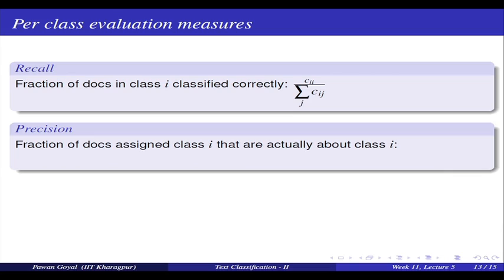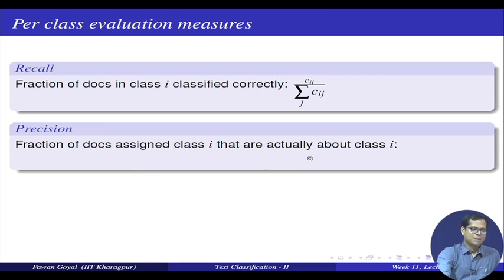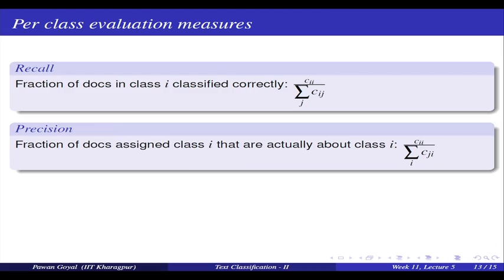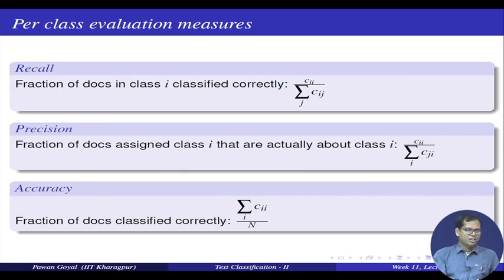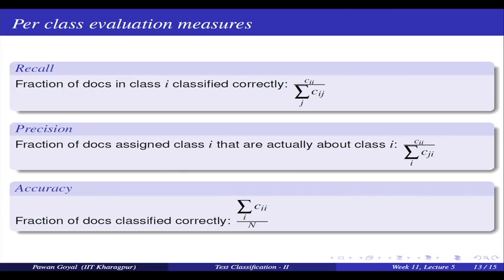And precision is the fraction of documents assigned to class i that are actually about class i. So this will be again C_ii divided by, now you add the whole column, summation over j of C_ji. And accuracy would be all your diagonal elements added, divided by the total number of test documents. That will be your accuracy.